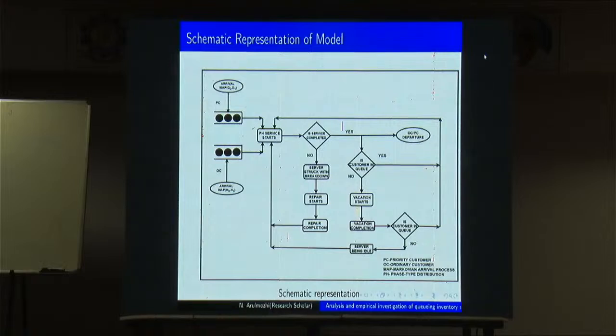The server moves to the repair process. After repair completion, the server restarts the current customer's service with the phase type distribution. Is any customer in the queue? If yes, the server starts the same service, and if no, the server goes for vacation. After vacation completion, if any customer is in the queue, the server starts service, otherwise the server stays in the idle state.